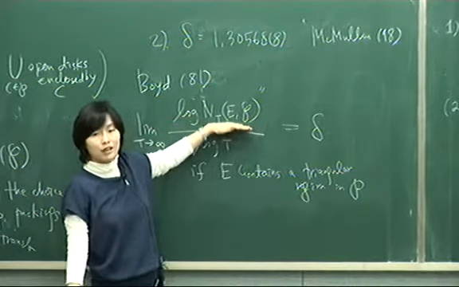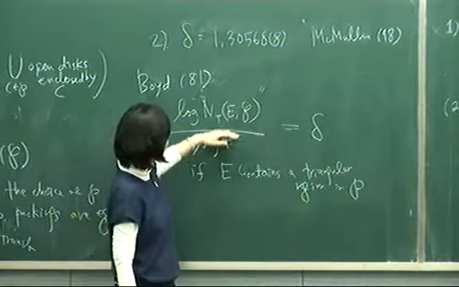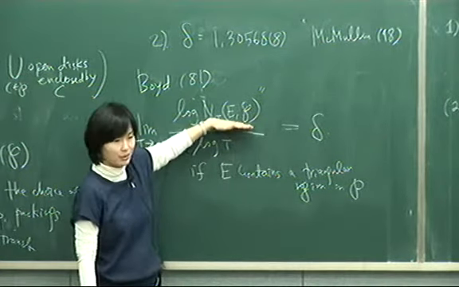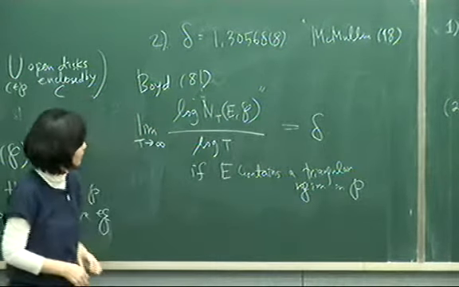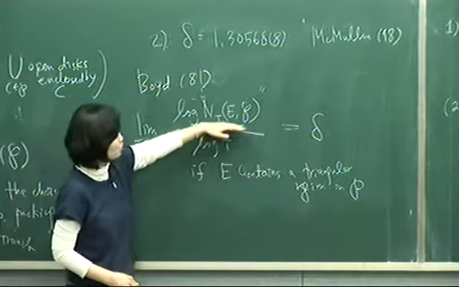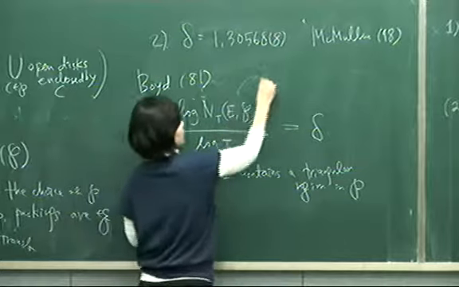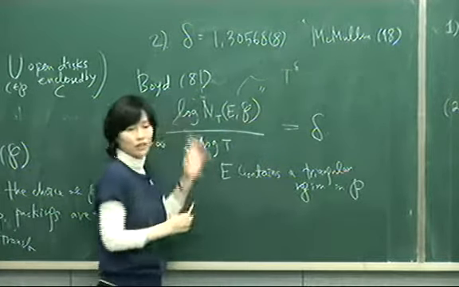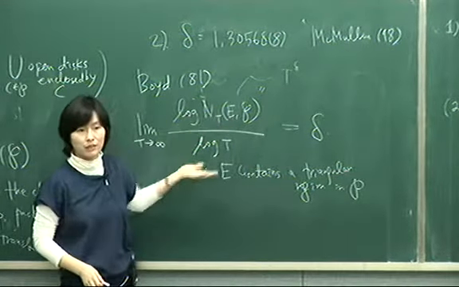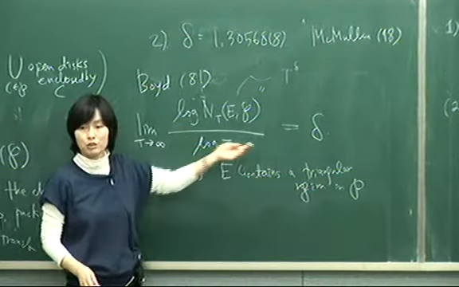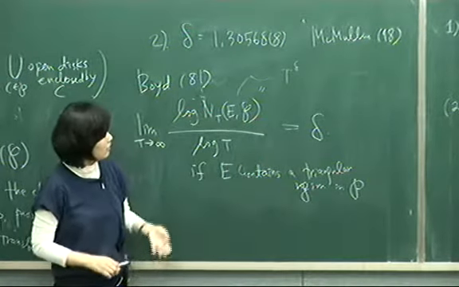And maybe you can guess. What can you guess about this function, if you know such a result? Maybe it should be something like T to the delta. If this grows like T to the delta, then if you take a log, it will be delta log T, and if you divide by log T, it will be delta, right? But not quite.